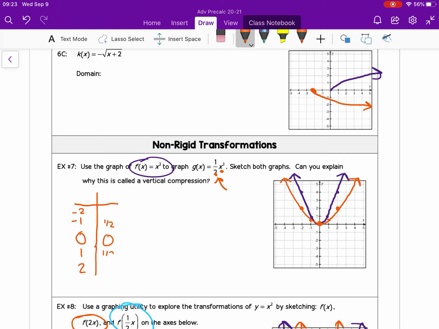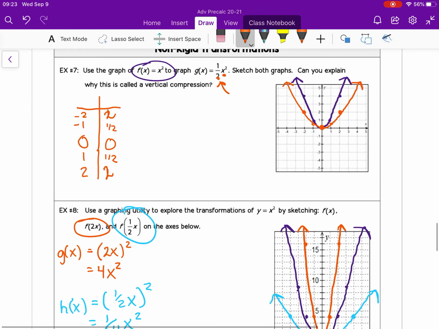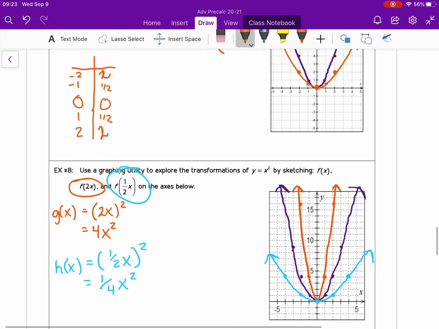If I plug in -1, I get a half. 1, I get a half. Plug in -2 and 2, and I get 2. So 2 squared is 4, half of 4 is 2. And that's how I got my orange one. So notice that it is wider. Anytime it's a fraction, it will be wider.